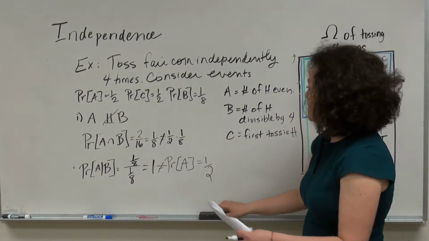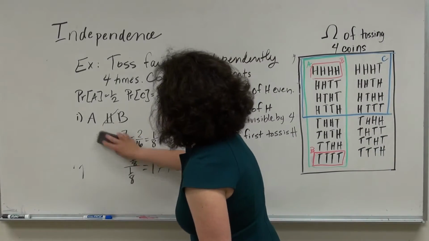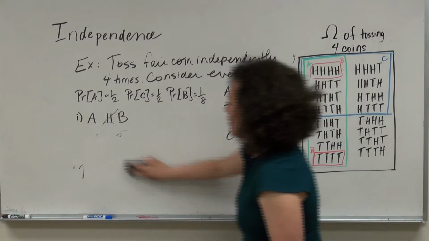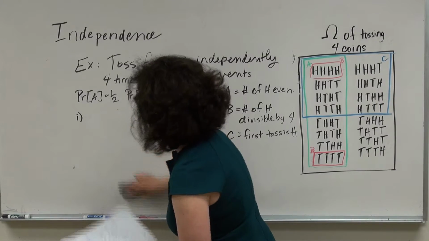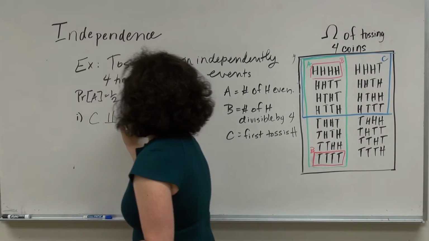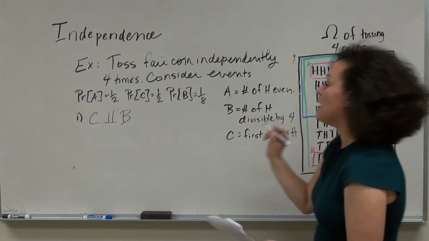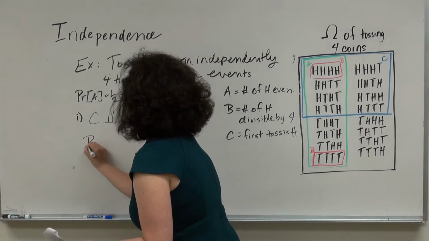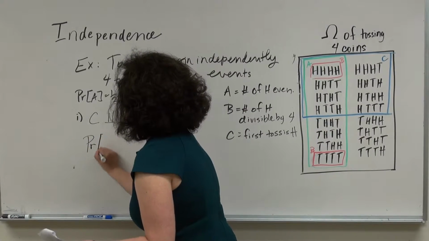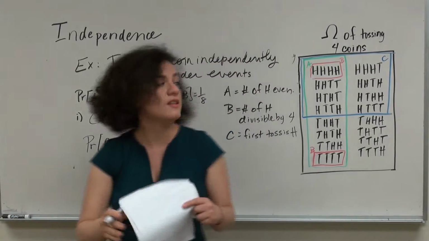So now let's consider the events C and B. Are these 2 events independent? So let's look quickly at the probability of C and B. And we can look at this in the sample space.